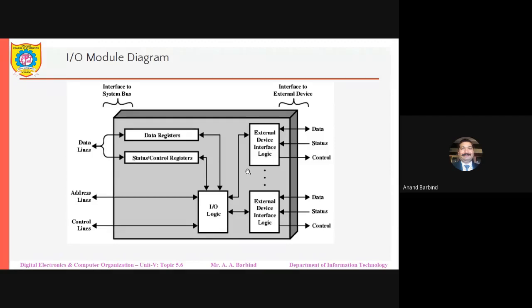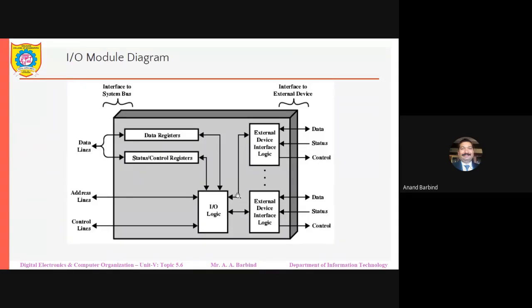Typically this is the architecture of some general IO device like 8255. 8255 is a programmable peripheral interface. So it has got different ports for communication with different devices like a printer. So the printer typically is connected on a device like 8255, that is programmable peripheral interface.